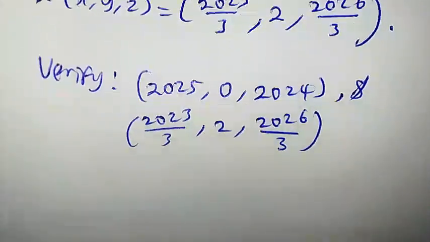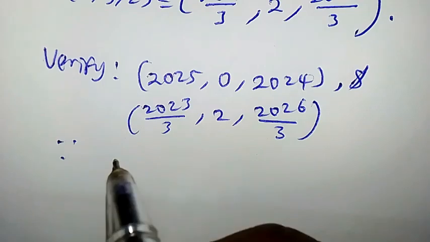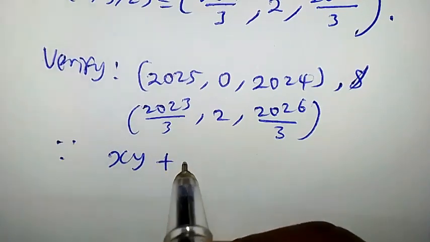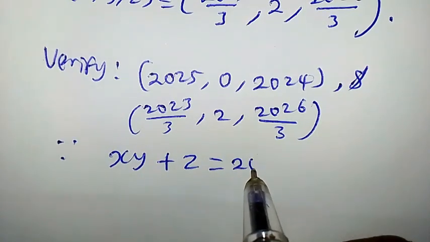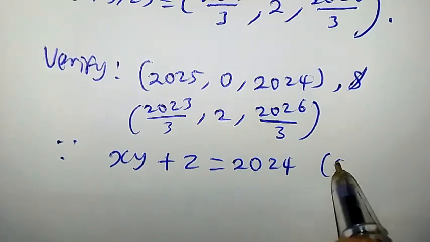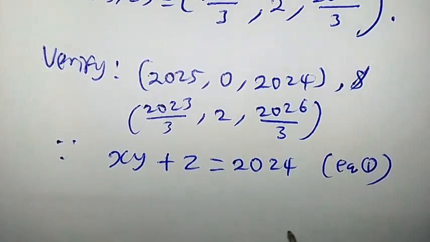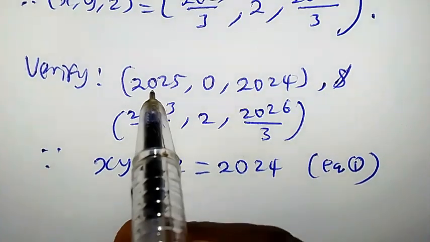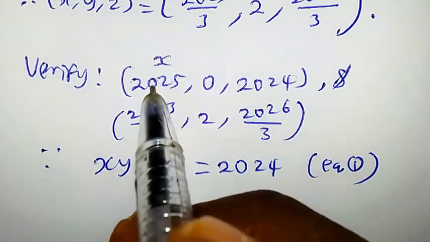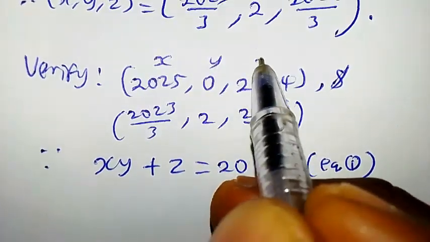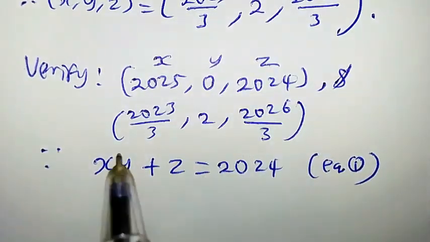Let us verify it one by one. Since xy plus z is equal to 2024, this is equation 1. For the first solution, our x is 2025 and y is 0 and z is 2024.